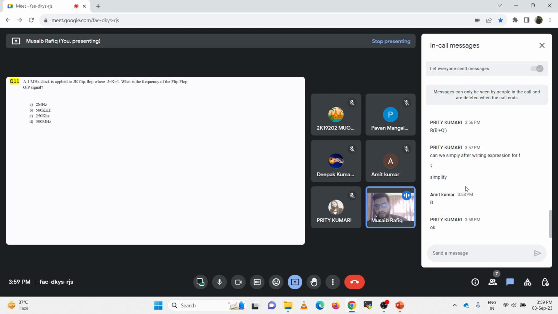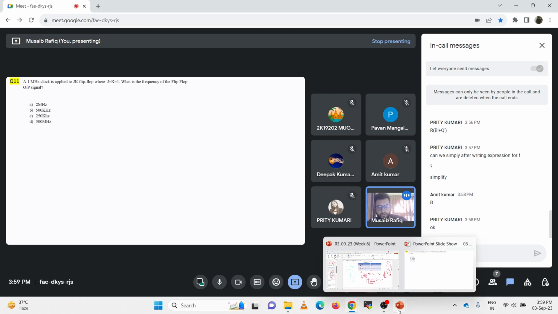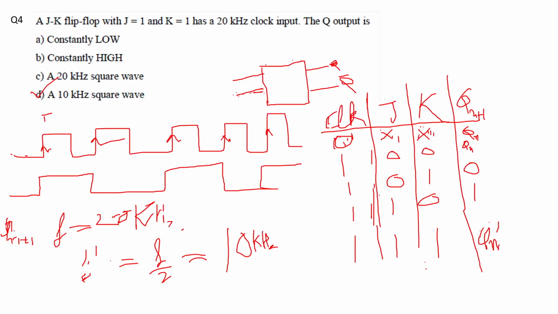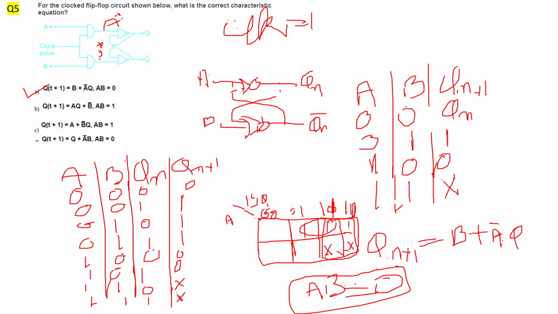That is 500 kilohertz. To the students that joined late, we can take a look at this question where we had the condition J equal to 1 and K equal to 1, and our input clock was 20 kilohertz, and finally our output was 10 kilohertz. Here I showed this characteristic table, and for 1 1 we have toggling at the rising edges of the clock, and accordingly the output frequency gets divided by 2.